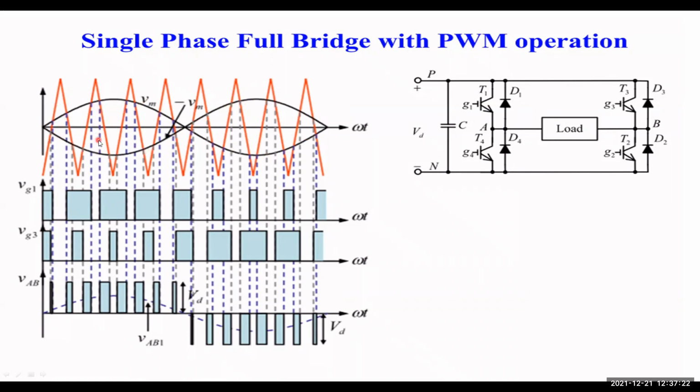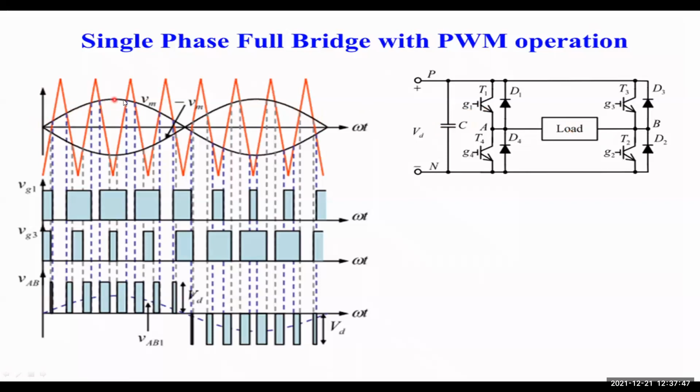Here, the output voltage can be controlled by controlling the modulation index, and also the output frequency of the load. The voltage across the load is AC. This is a DC to AC converter. The output frequency across the load is the same as the reference frequency.